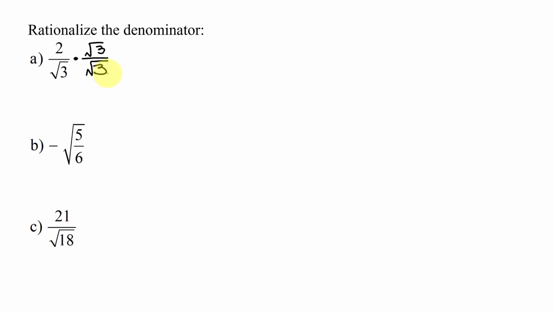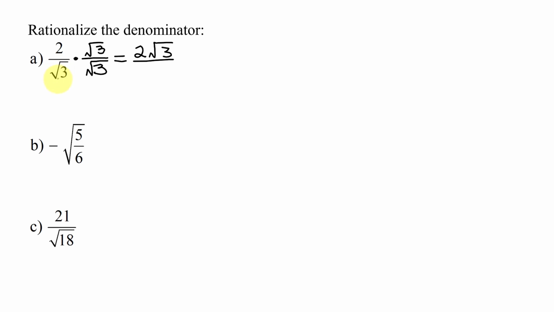And why are we allowed to do this? Notice the square root of 3 divided by the square root of 3 is just 1. So I'm not changing the value of the expression I started with, I'm just changing its format. So this gives me 2 times the square root of 3 in the numerator, divided by, now in the denominator of this first one, I'm going to do it the long way to explain what's going on.